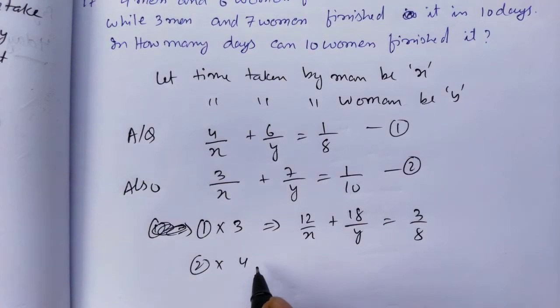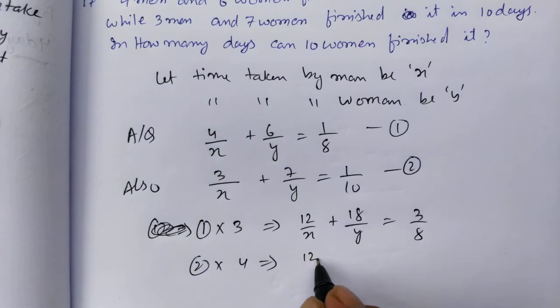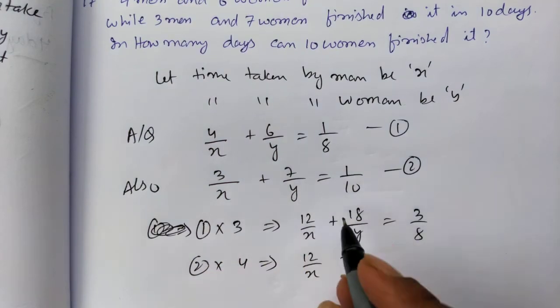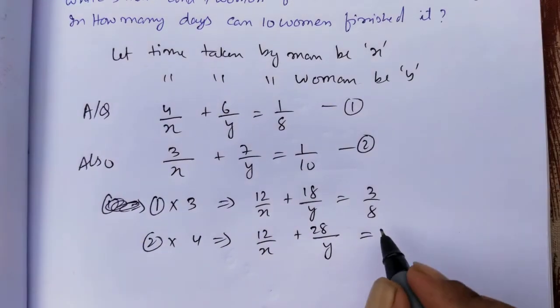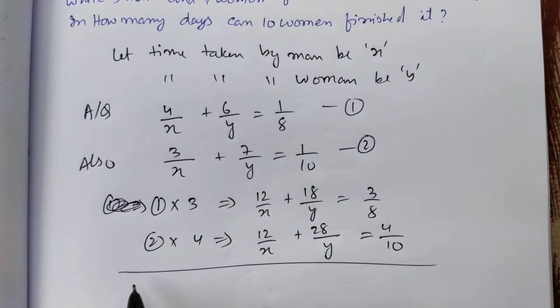Equation 2, we have to multiply by 4. 4 3s are 12 by X plus 4 7s are 28 by Y equal to 4 1s are 4 by 10. Now subtract.